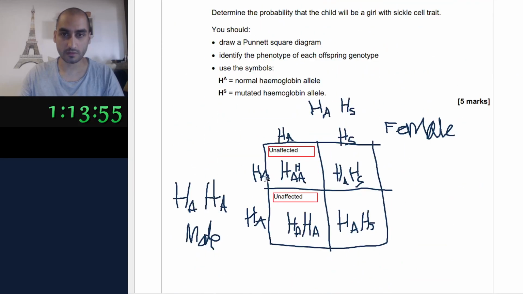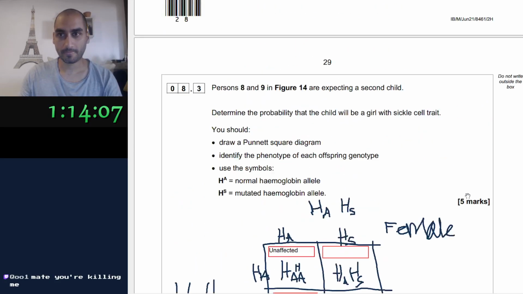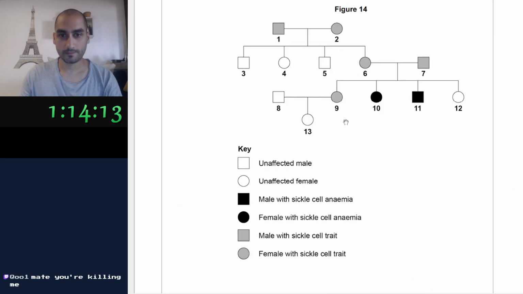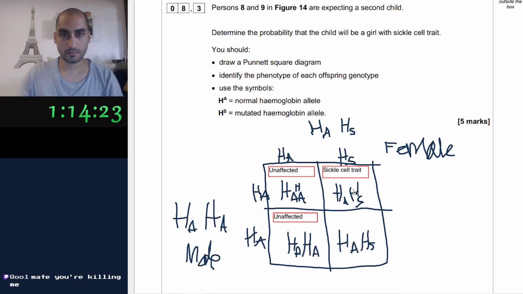If one person has like thalassemia trait, okay, well anyway. Sickle cell trait. Sickle cell trait.